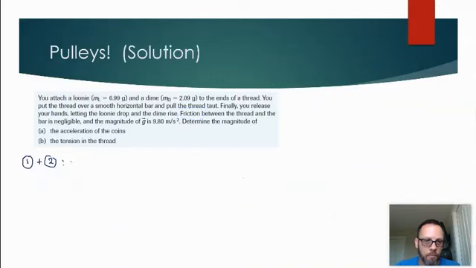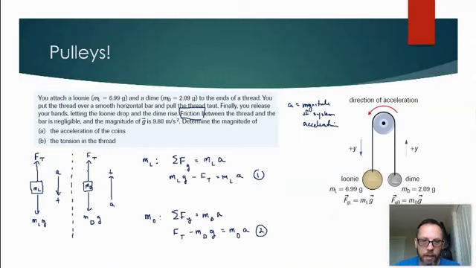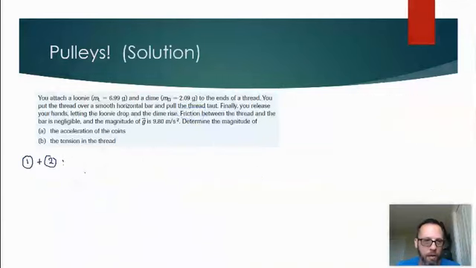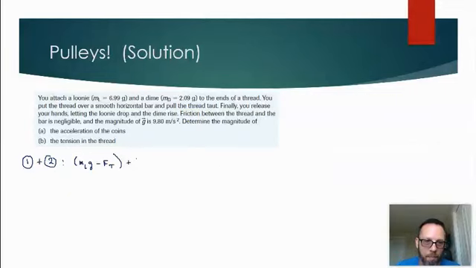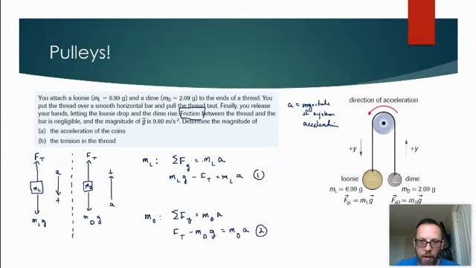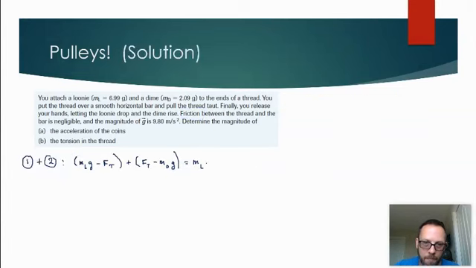Here we go. Now, at least just for this one, I might just show everything. So we have MLG. If you feel really comfortable with your math skills, then you can maybe skip this step. But I think what I'll do is show adding both of the left-hand sides here, minus MDG. And then I'm adding the things on the right, so MLA plus MDA.